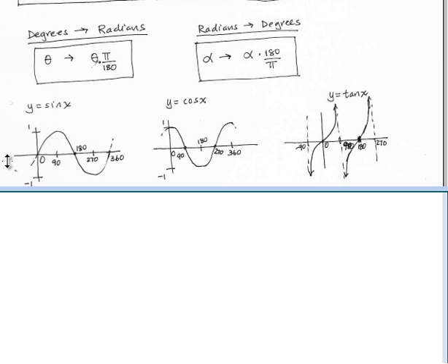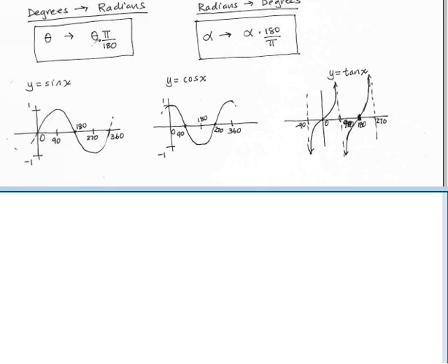Let me point out that from the graph there are some values of the quadrant angles that you can just read off. Here we see that sine 0 is 0, sine of 90 is up here at 1, sine of 180 is 0, sine of 270 is down here at -1, and sine of 360 is 0. So that's another way of remembering the sine values of quadrant angles.